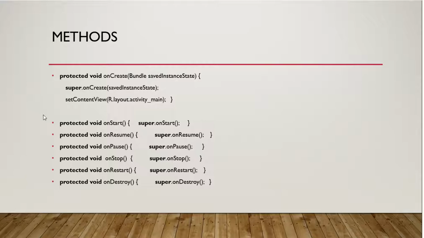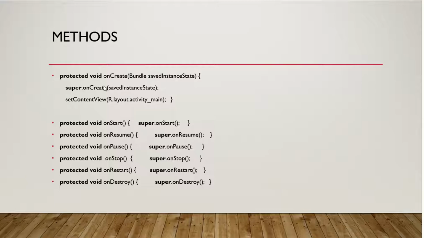This is why we use the onCreate method in the activity. It is the very first method. We can say it is just like the main method of the activity class.